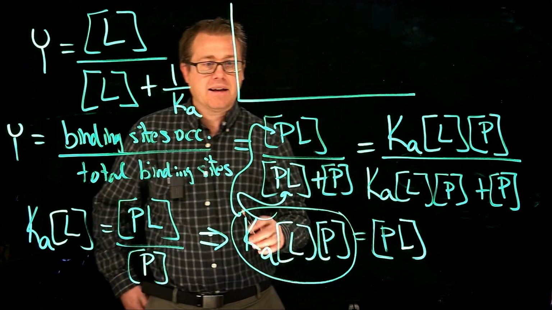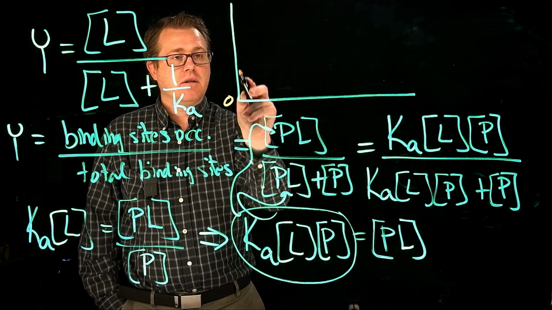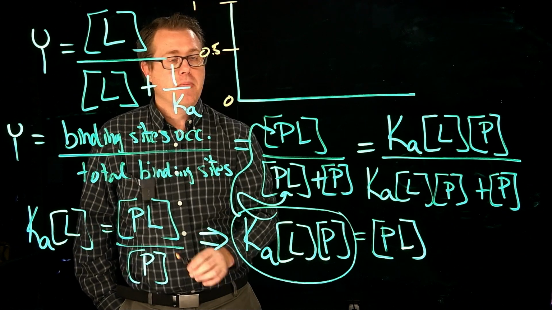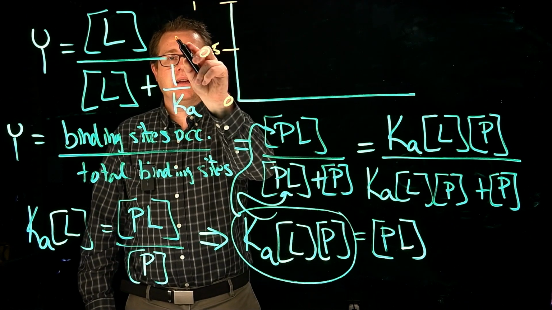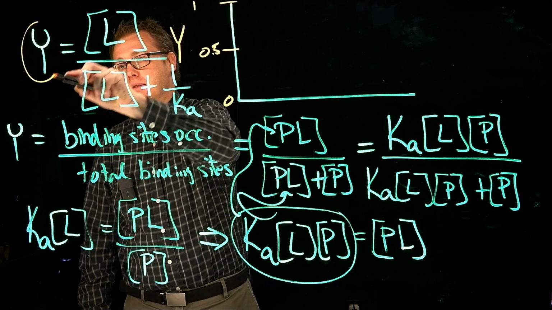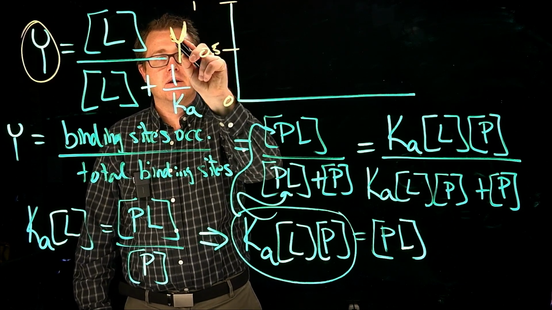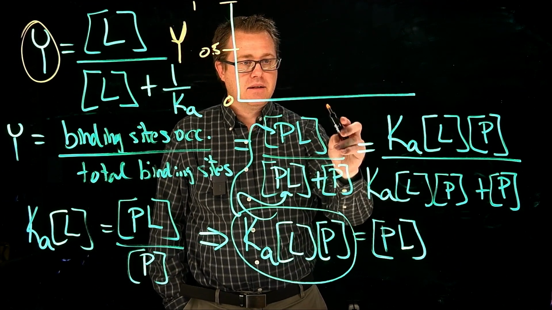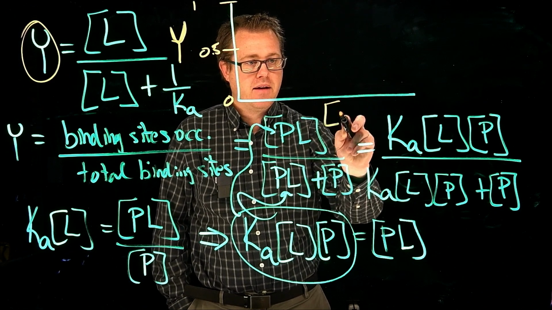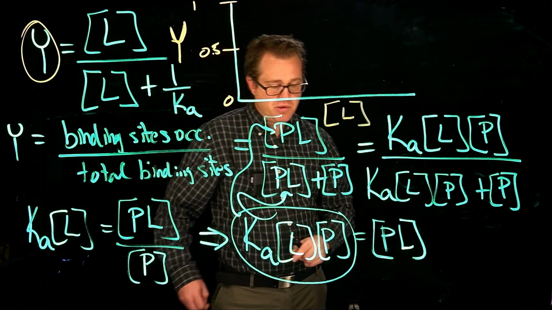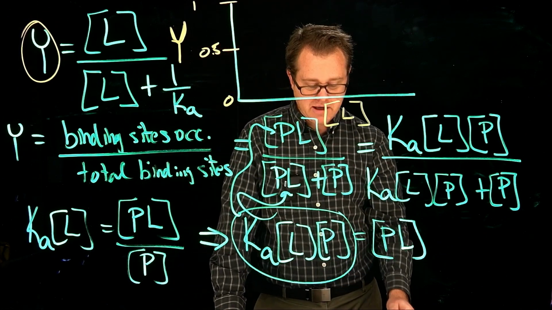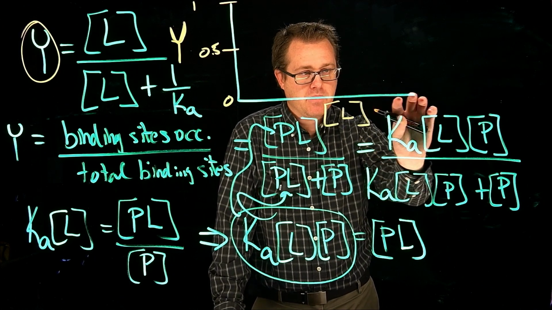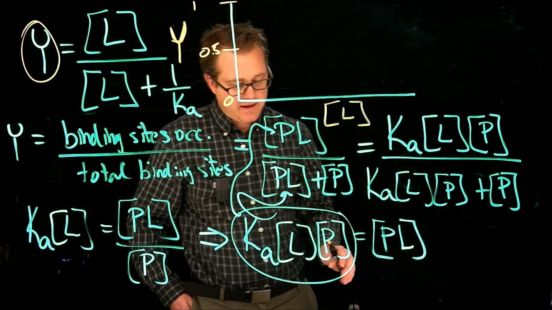And on the y-axis, we're going to have 0, 0.5, and 1. And the y-axis is that variable right there. And then on the x-axis, we are going to track as you increase the concentration of the ligand. So these can be arbitrary units, like I'm not too worried about what those units are at this point.